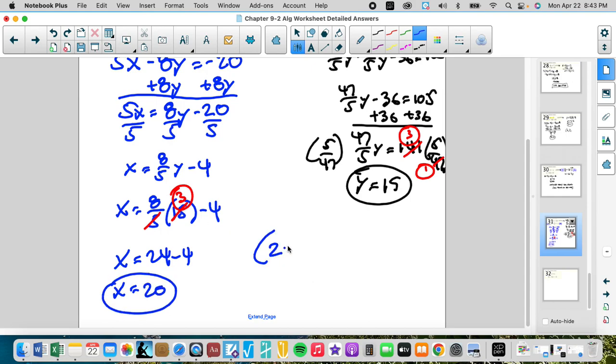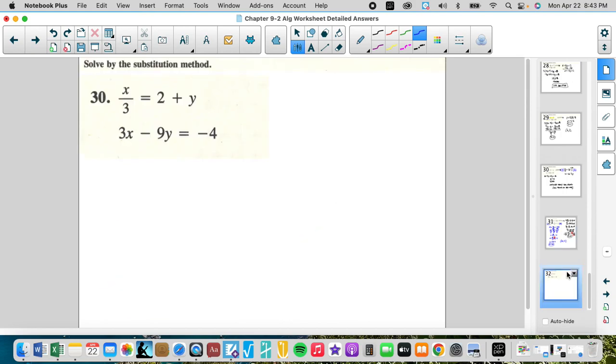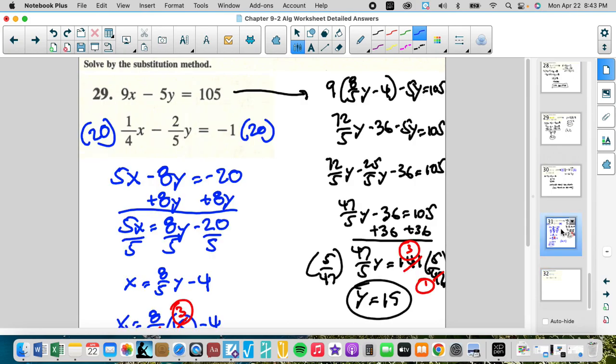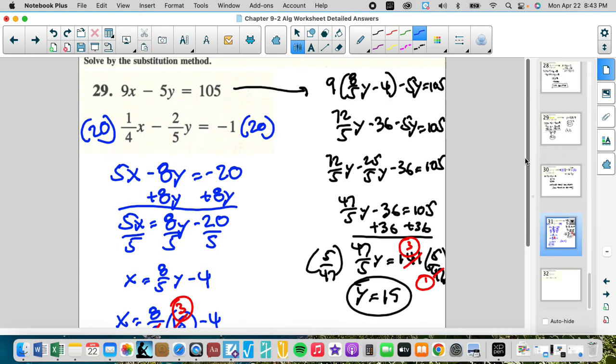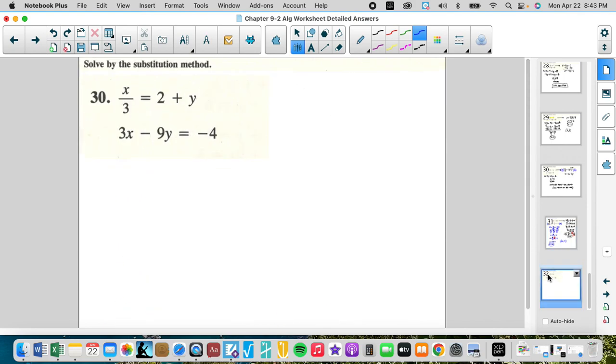So we get (20, 15), a little bit bigger. That's good. Remember, you know what we can do also? We can take these and put them in Desmos, and it'll still show us that solution. So you can still use electronic devices.